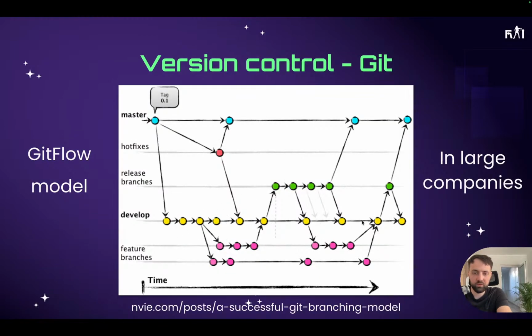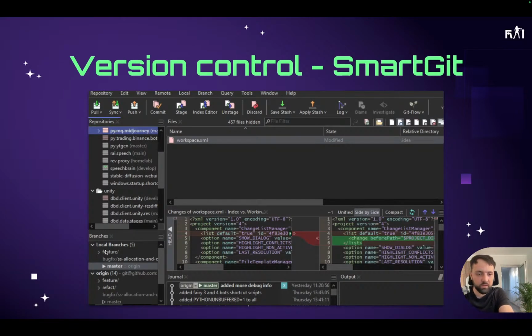I have develop, which is the main one, where most of the action happens, and these are feature branches where I want to go and try something in a separate reality, and I don't want to mess up the main code here, right? I just want to try it, see if it works, work on it there, and then merge it back once it's completely done, right? That's what these branches are for.